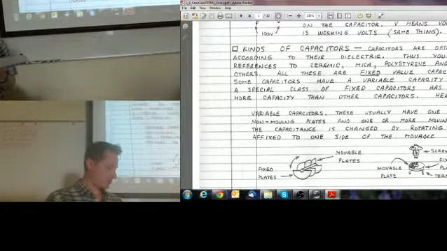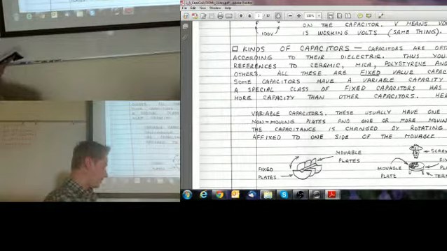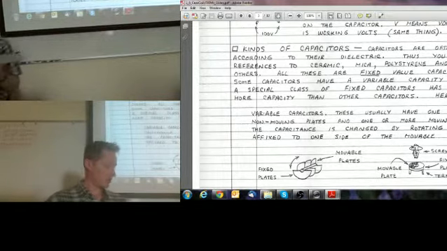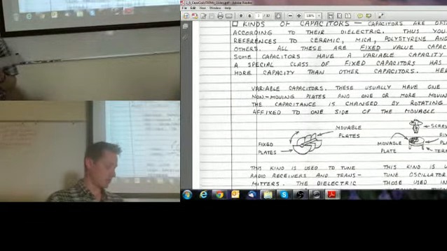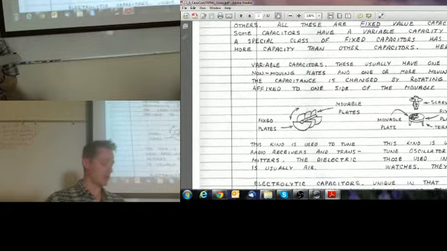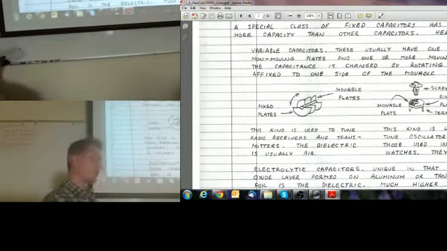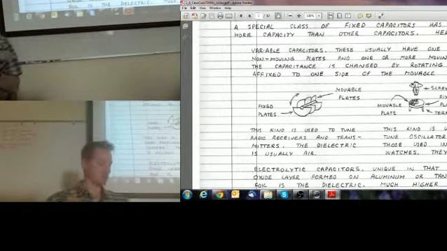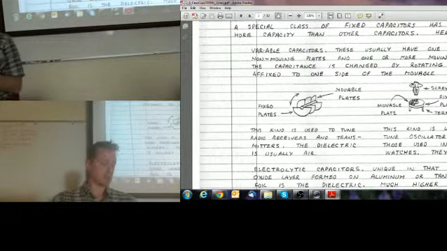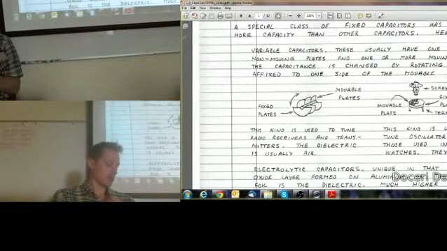Types of capacitors are often labeled according to their dielectric: ceramic, mica, polystyrene. Those are the fixed ones. We also have variable capacitors. Variable capacitors were used in the early days of radio to tune in the center frequency. Basically, you had movable plates.